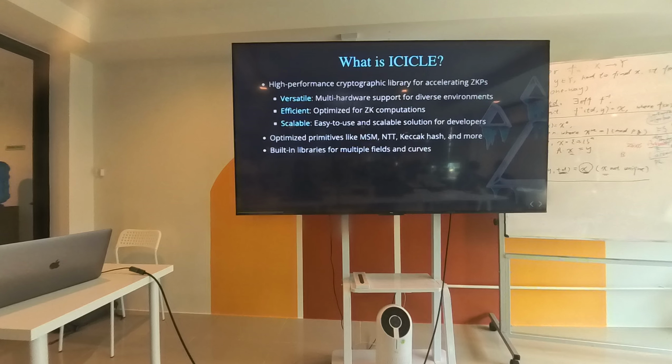We also want to support multiple fields and curves, because what I typically see in the industry is two directions. One is elliptic curve based SNARKs, and the second is hash based SNARKs. Hash based SNARKs typically use only fields and extensions of fields, as we have seen with Plonky 3, or even towers of binary fields based systems like Binius.